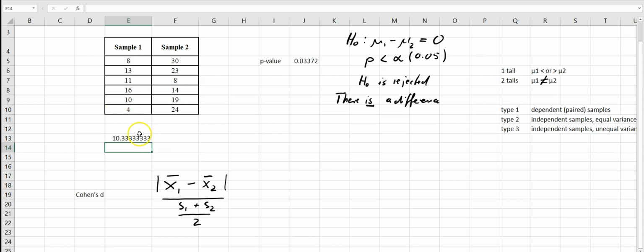So that would be the average for sample 1. And by just simply dragging it over to sample 2, we get the average for sample 2. So that was our means here.